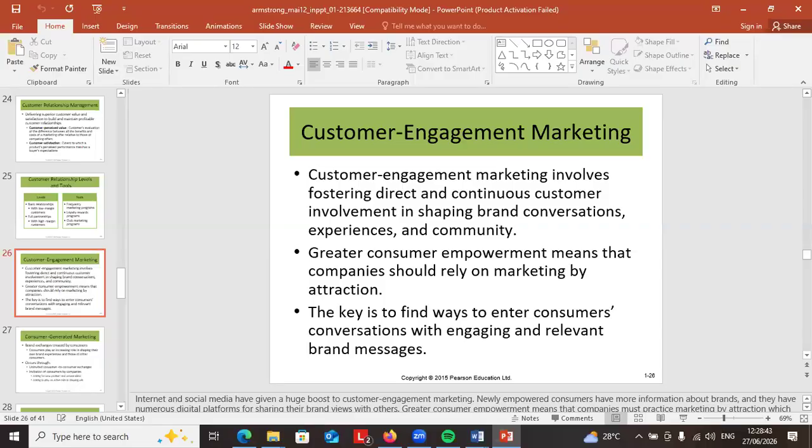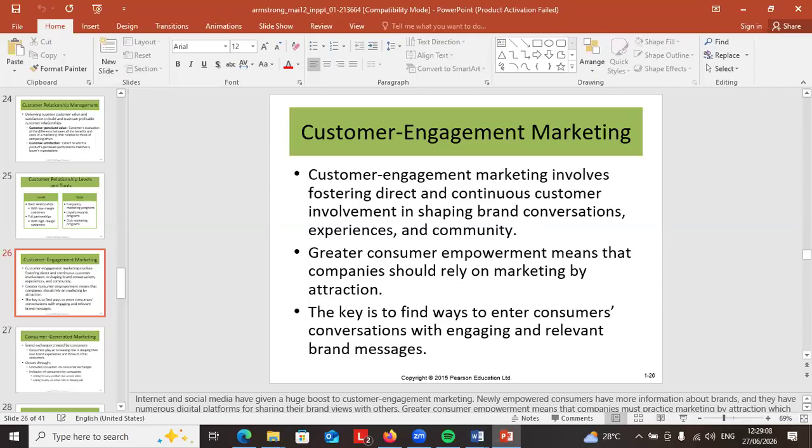It is important to note that internet and social media have given a huge boost to customer engagement marketing in contemporary times. This is because newly empowered consumers have more information about brands, and they have numerous digital platforms for sharing their brand views with others.